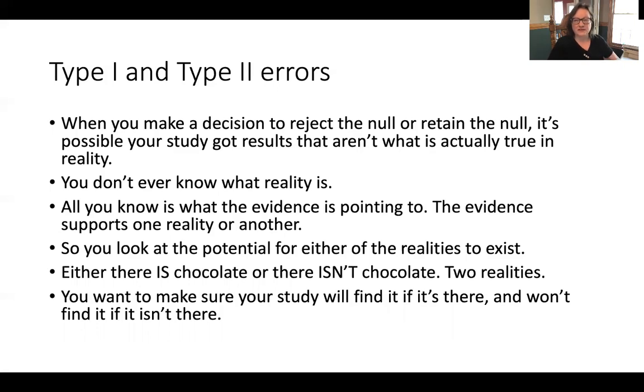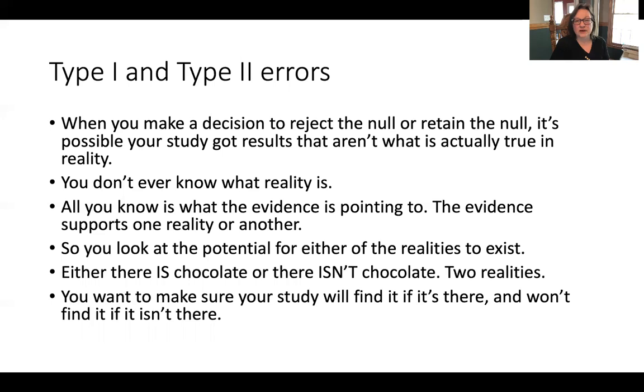So basically, when you make your decision based on your data, you get your data, you look at it, and you say, okay, the chances of getting that data if the null were true are slim, like 5%, right? Then when you make that decision, it might be that your data was error. It wasn't real data. It wasn't collected well.